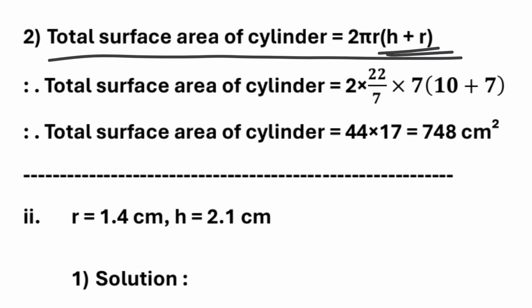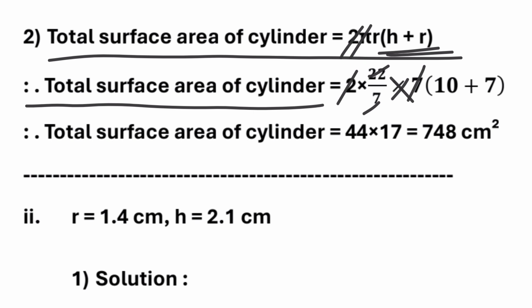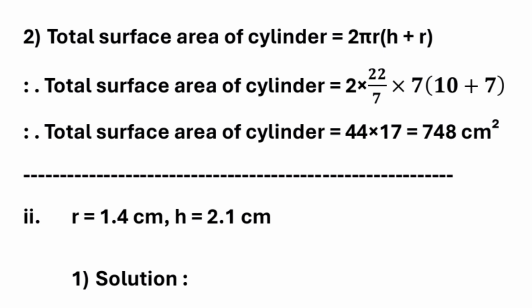Now we put values. Therefore total surface area of cylinder is equal to 2, the value of pi 22 upon 7, means 2 into 22 upon 7 into 7, bracket value of H 10 plus the value of R, which is 7.